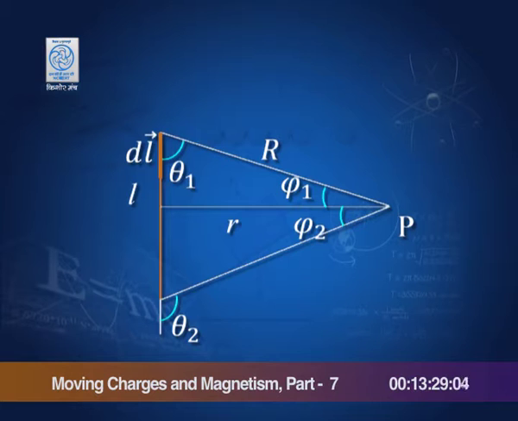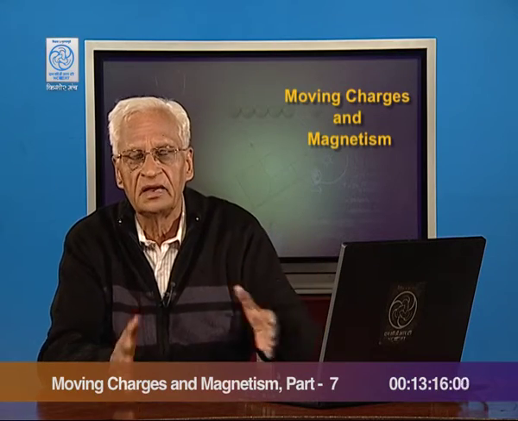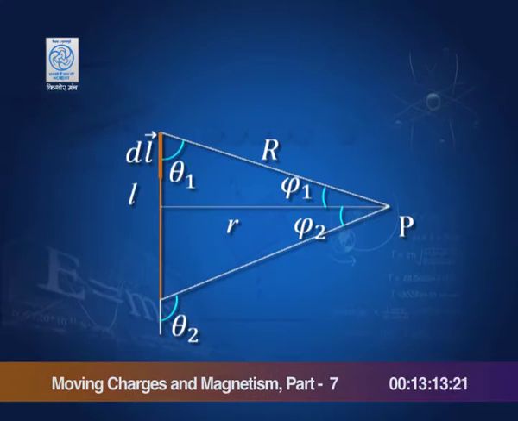These angles are phi 1, phi 2, and this is the point P at which we want to find the magnetic field. In the last problem, we did not find the direction, but now the direction is given by the right hand screw rule. So, you can apply the screw rule and find the direction of the magnetic field.